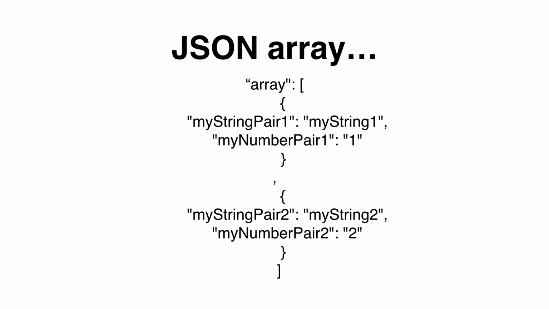The second pair within the first element is called myNumber pair 1 and has a number value of 1. The first pair within the second element is called myString pair 2 that has a string value of myString2. The second pair within the second element is called myNumber pair 2 and has a number value of 2.